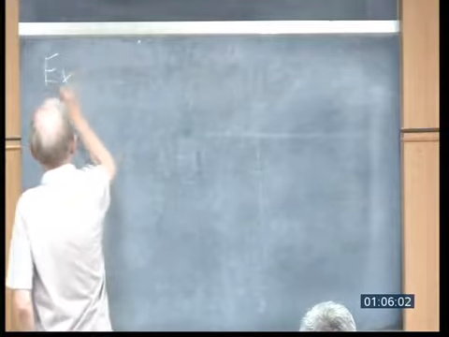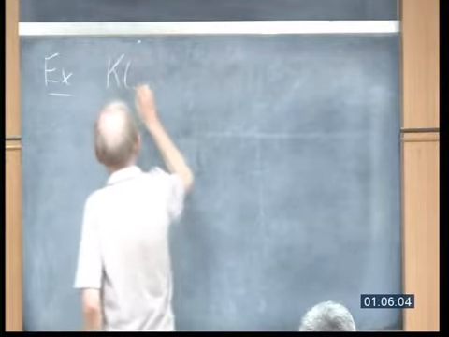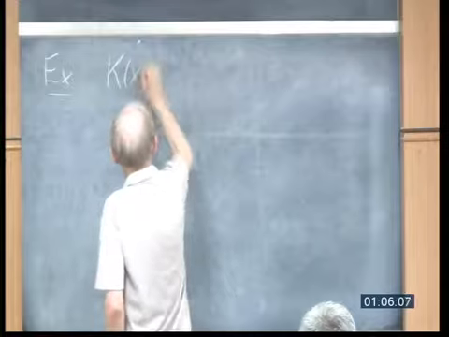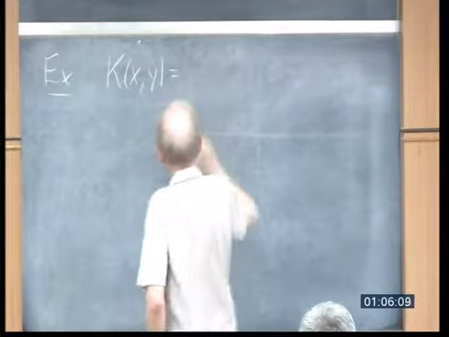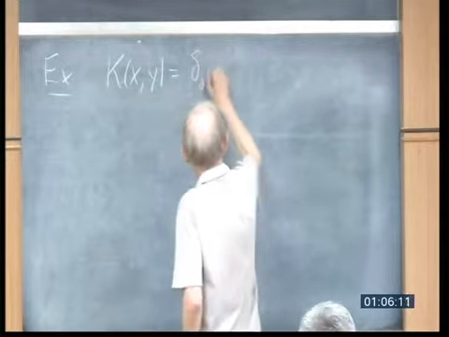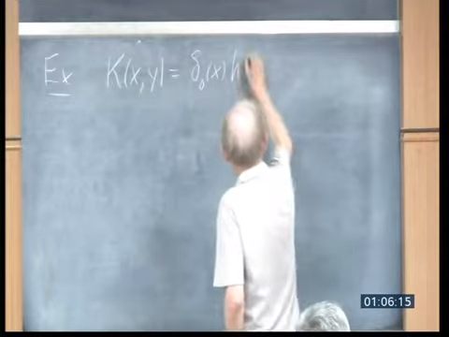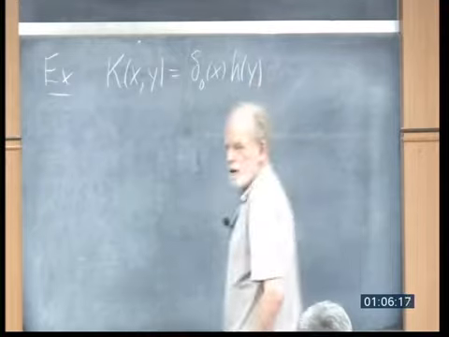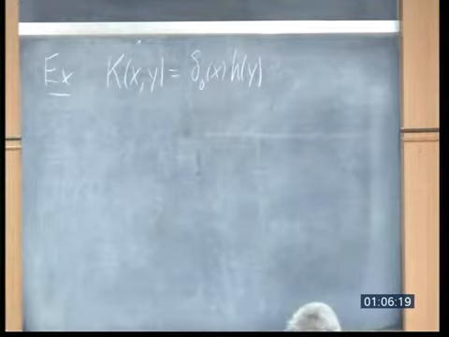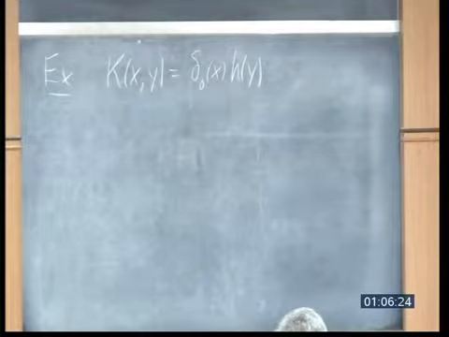Namely, suppose K(x, y), the Schwartz kernel, is a product of some function of y and a distribution, for instance, a delta distribution in x.